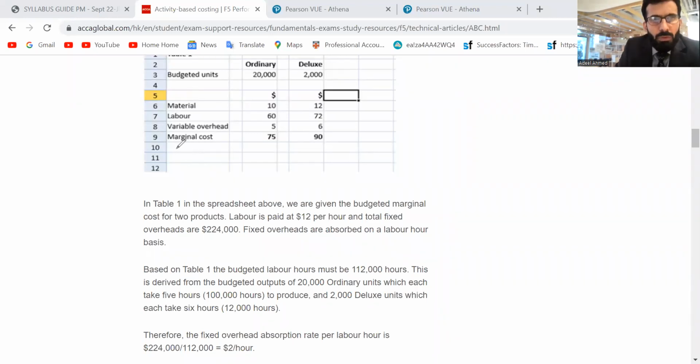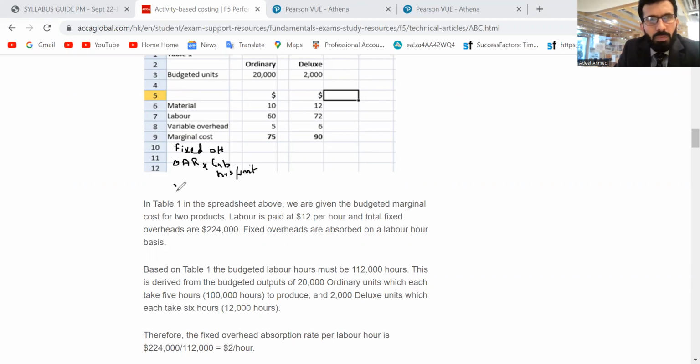Now I am going to charge the portion of fixed overheads into my total production cost, based on the overhead absorption rate multiplied by the labor hours required to make each unit.